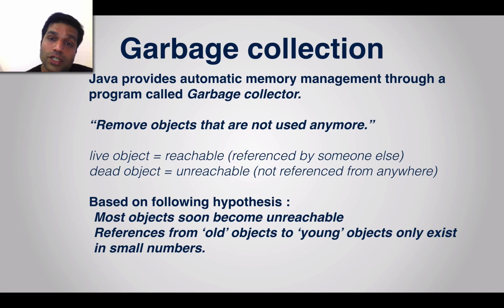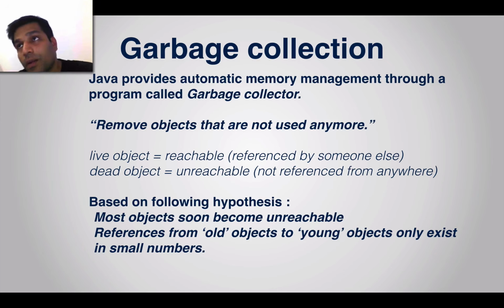In a cache, whenever it was created, you would have already populated the things you wanted to cache, and you will just carry on. You probably won't put anything new in the cache in a later period of the application. That's just an example. Those are the two hypotheses that drive the whole garbage collection implementation.